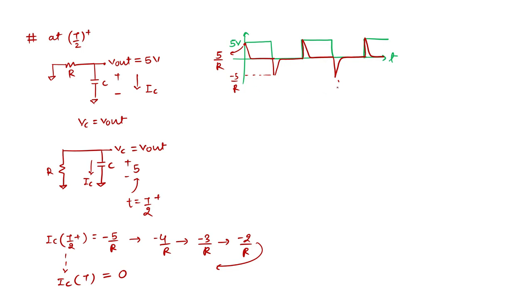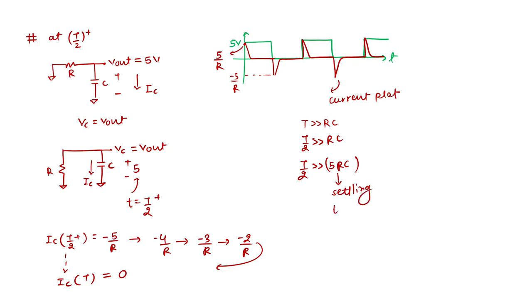So this is my current plot. We have seen that T is much greater than RC. Also T by 2 will be much greater than RC. In fact, T by 2 is much greater than 5RC or 4RC, which is nothing but the settling time. So these things we have to keep in mind, and we have to plot accordingly.